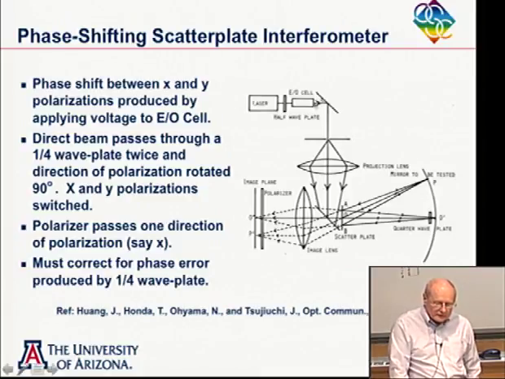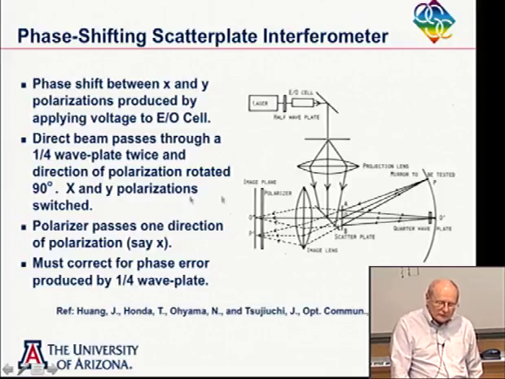Then I come down here, and the scattered come back here. So the scattered direct, fine. The direct scattered goes through a quarter wave plate twice, and we can rotate it. I mean, it's set so it will switch the X and Y polarizations. And then this comes back here and is scattered.